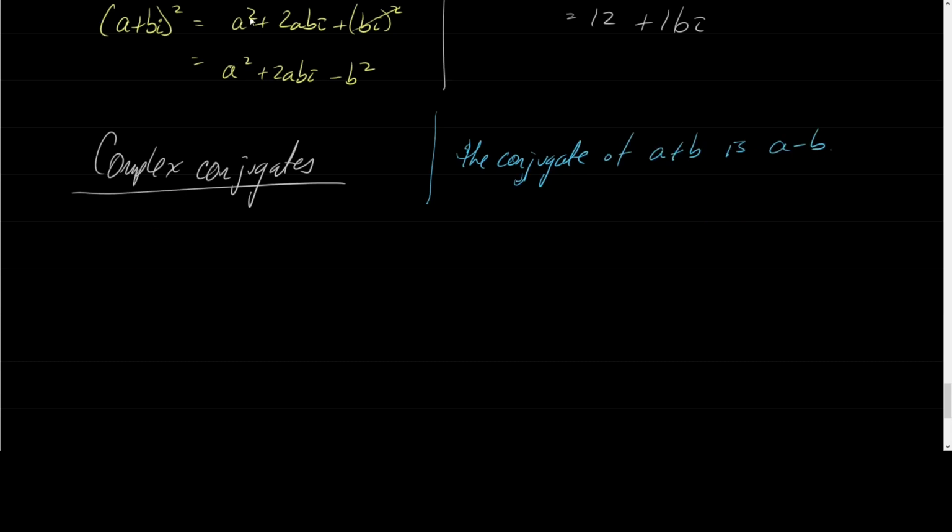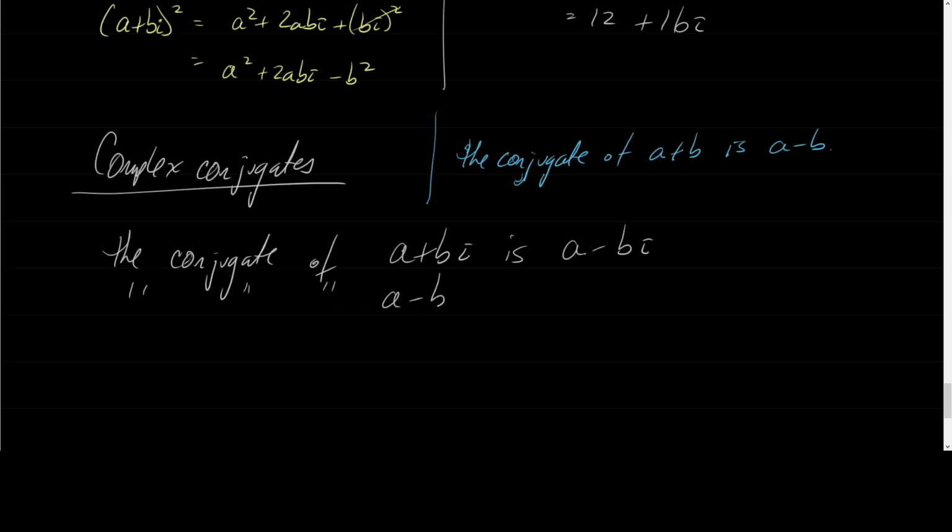So with complex conjugates, it's going to be basically that. But it's going to say the conjugate of a plus bi is a minus bi. And similarly, the conjugate of a minus bi is a plus bi.